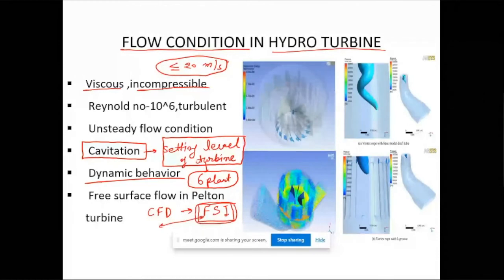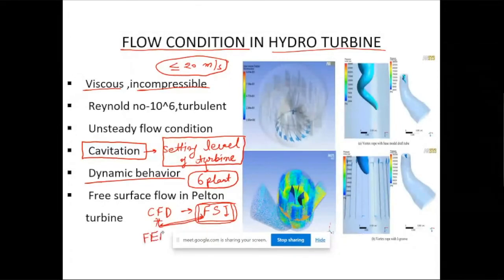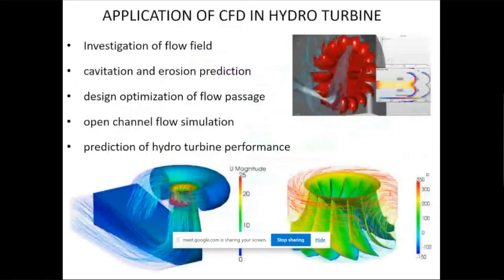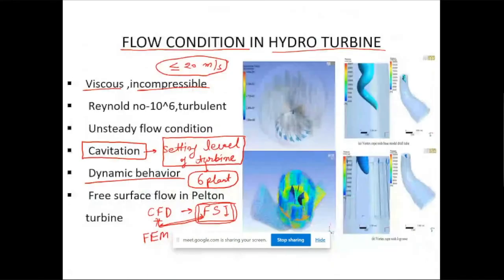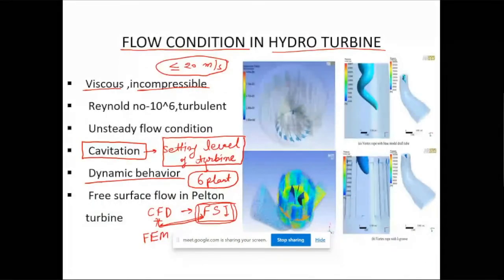So we connect the CFD result with FEM, CFD plus FEM kind of thing. Then only can we predict the live stresses, what is happening at a mechanical design level.